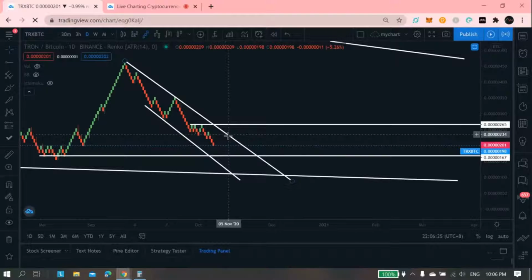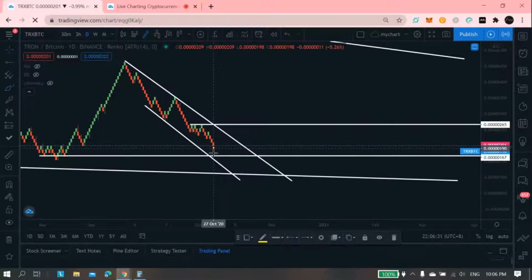I cannot predict this area right now because it depends where this Renko chart will trade, if ever. So you can just use each Renko bar as possible resistance or support.